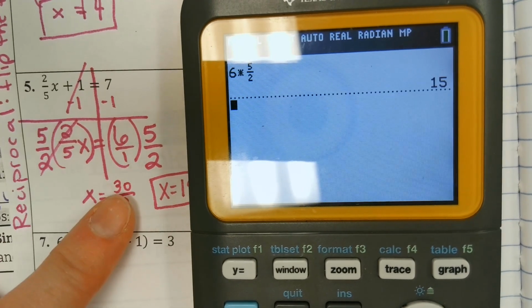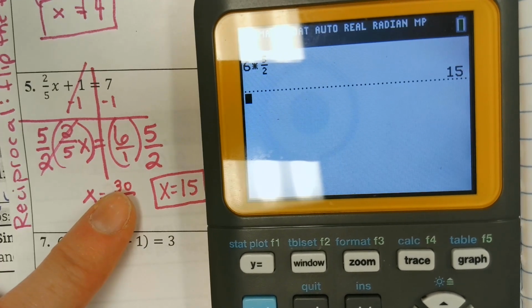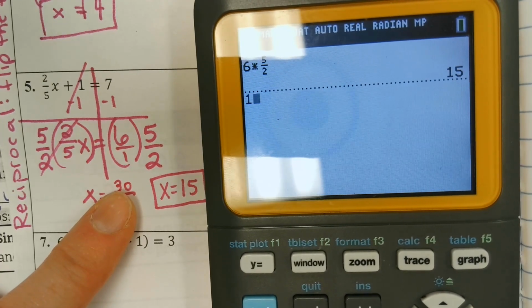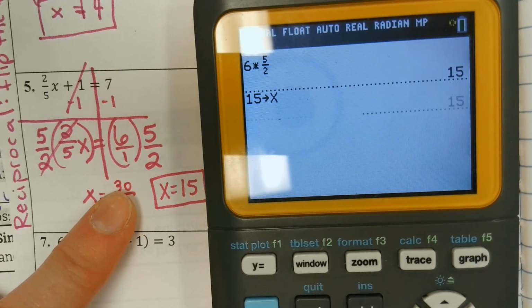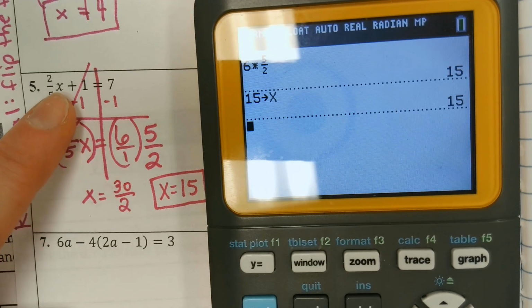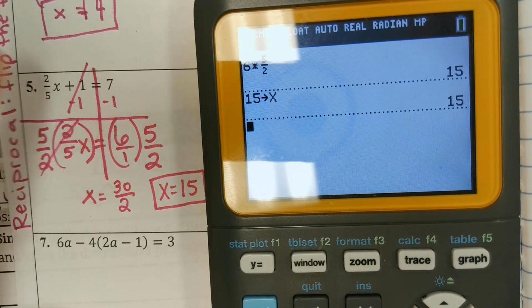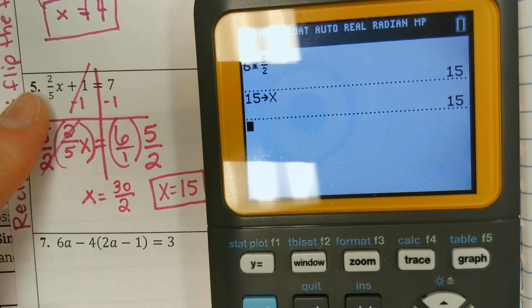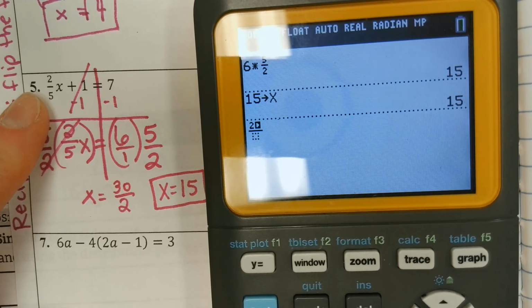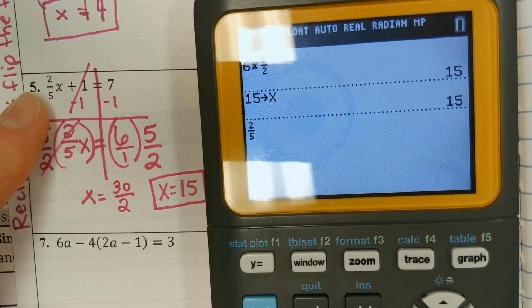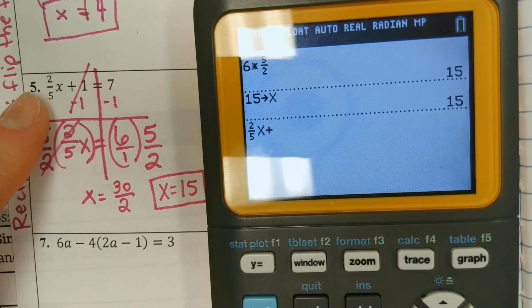So now let's check our answer. So we're going to plug it in. So do 15 store X, and that's programming. So now we're going to put in the 2/5 X plus 1. So alpha Y equals 2 over 5 X plus 1.